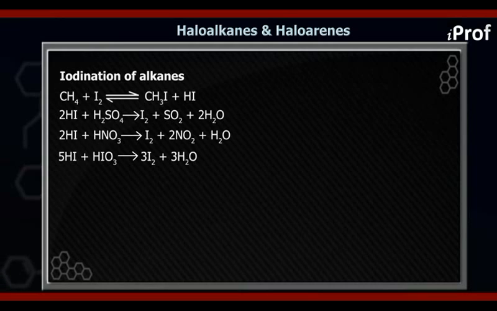Now the question is why, with I2, the reaction is reversible. In chlorination as well as bromination, we have HCl and HBr being liberated, but the reaction is not reversible.